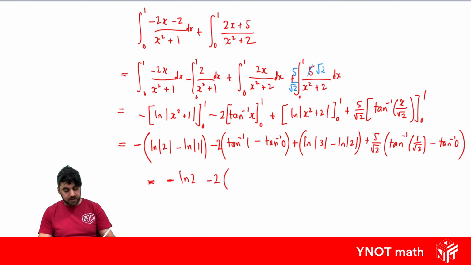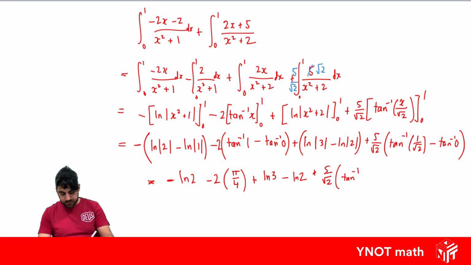Minus 2 times the inverse tan of 1 is pi on 4, minus the inverse tan of 0, which is just 0, plus ln of absolute value of 3 is just ln 3, minus ln absolute value of 2 is just 2, so we get minus ln 2, plus 5 on root 2 outside of the inverse tan of 1 on root 2, we'll just leave as that, and the inverse tan of 0 is 0.